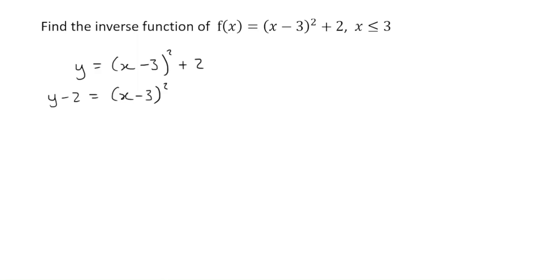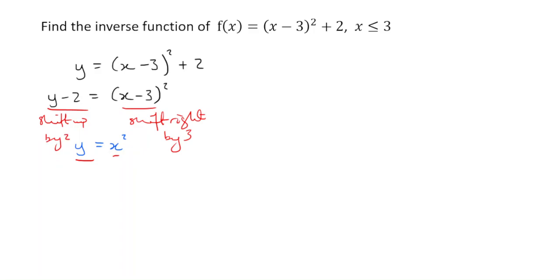And hopefully what you remember from your shifting and scaling stuff is that this is basically the same as the graph of y equals x squared, but we've replaced x with x minus 3. And so that is a shift right by 3. And we've replaced y with y minus 2. And so that is a shift up by 2. Okay, so if I was to draw that quadratic, what's it going to look like?